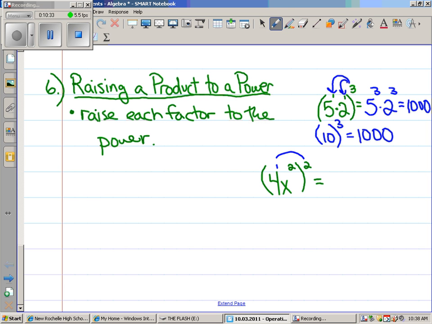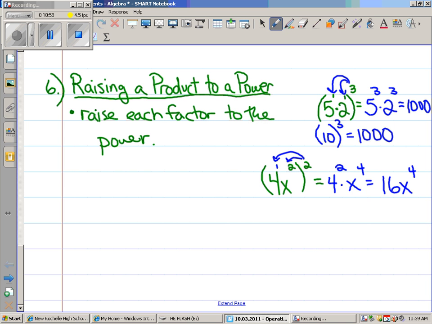Take this 2, distribute it inside. What's 1 times 2? What's 2 times 2? What's 4 squared? 16. So the final answer for this one is 16x to the 4th.